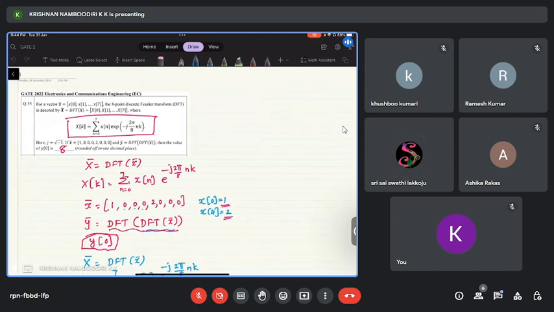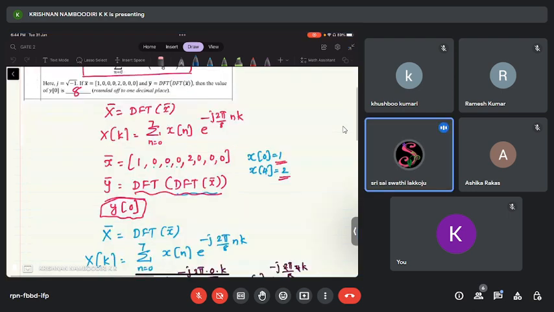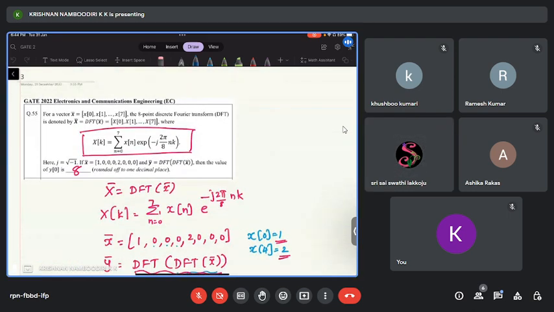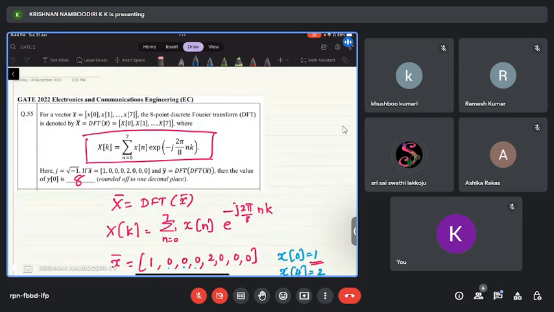Yeah. Are you able to see this? Yes, sir. So here you can see all the answers, but I can just go through that again. Say I have a vector x, x0, x1 up to x7, which has a length 8, and it has a DFT which is denoted with capital X. It's a very recent question from 2022.